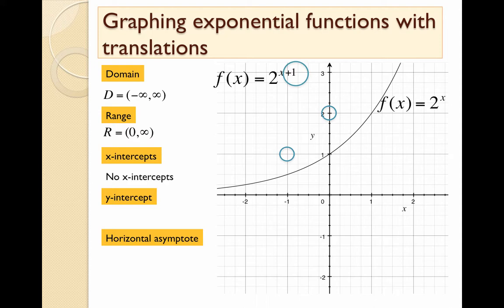There are no x-intercepts. We do not cross the x-axis. The y-intercept, even without the new reference points, as you see them there, we can easily calculate by plugging in a 0 for x. And our horizontal asymptote, just like the parent, is at y equals 0.